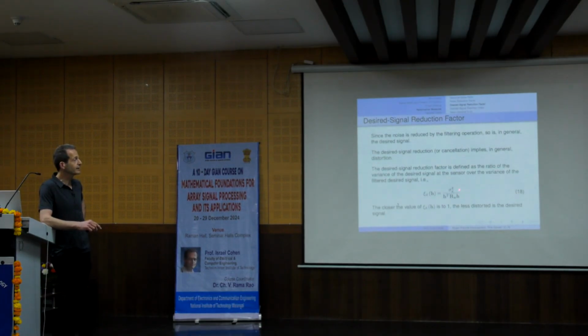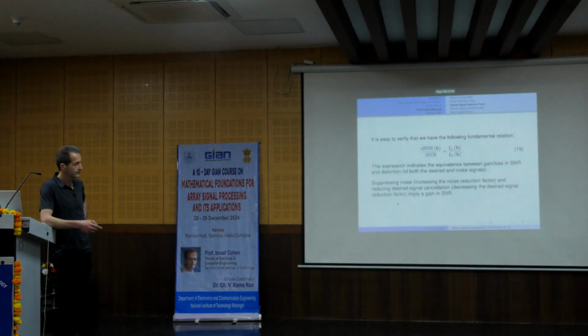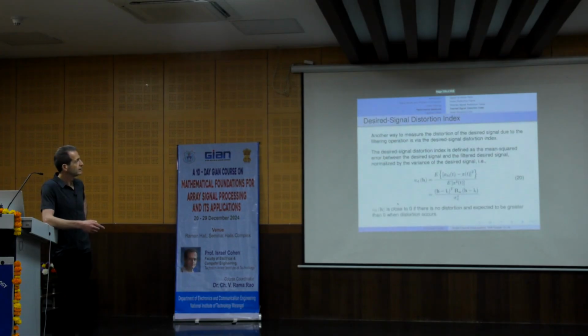We want it to be as close as possible to 1. Then there is no reduction of the desired source. And we have certain relations between the gain in SNR, the noise reduction factor, and the desired signal reduction factor. It's very easy to show.